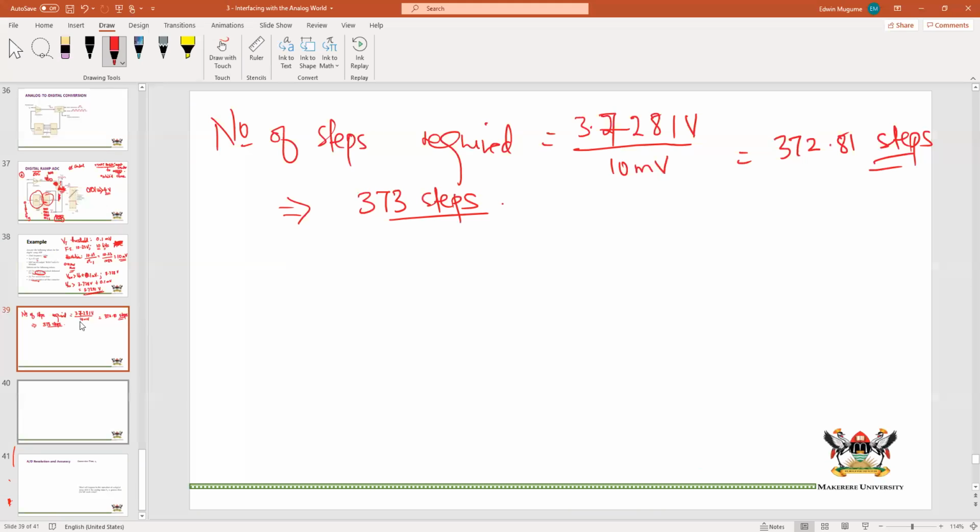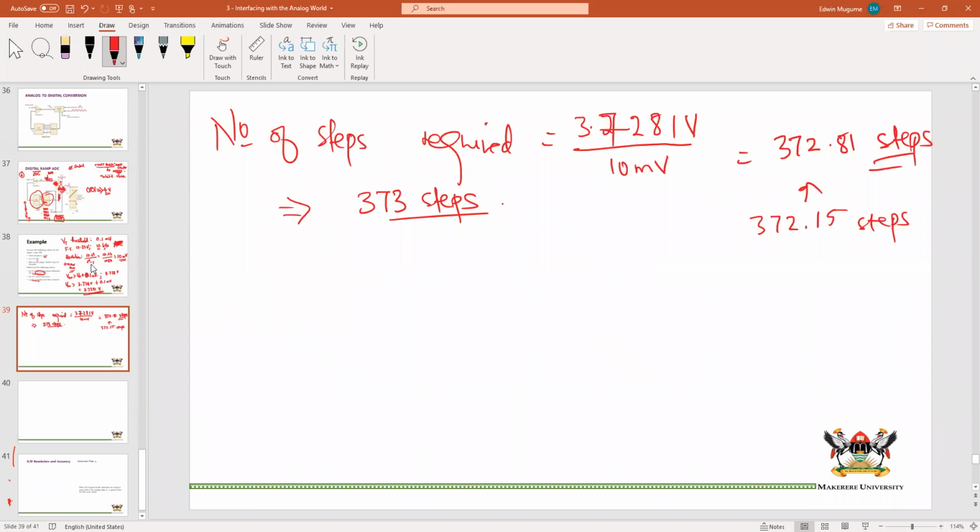We can't have 372.8 steps. We have to go to the next one. In this case, we must always go to the next higher one, not the next lower one even if it is closer. So even if I had got 372.15 steps, I must go to the next higher one, because we must always meet the requirement that our output digital equivalent is higher by a certain threshold.